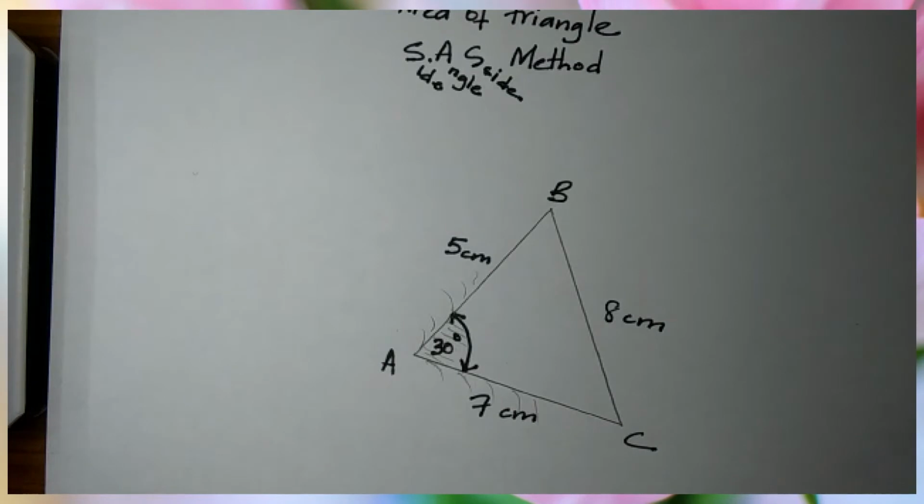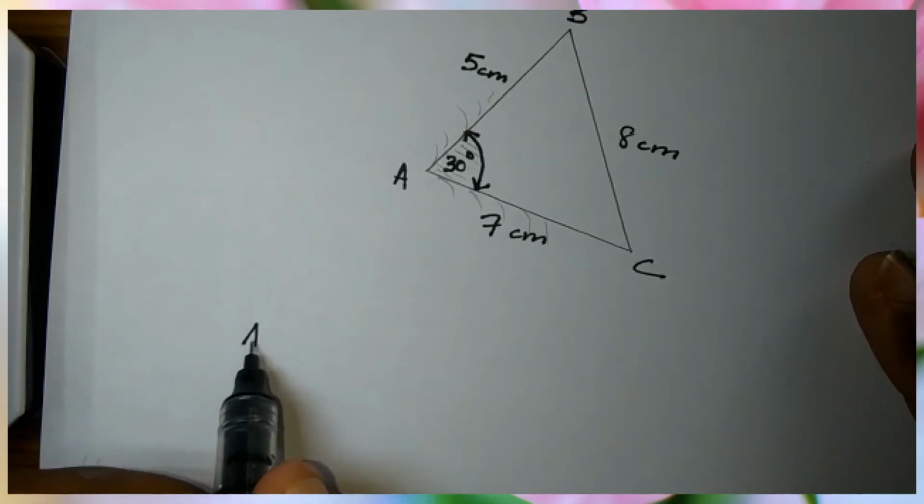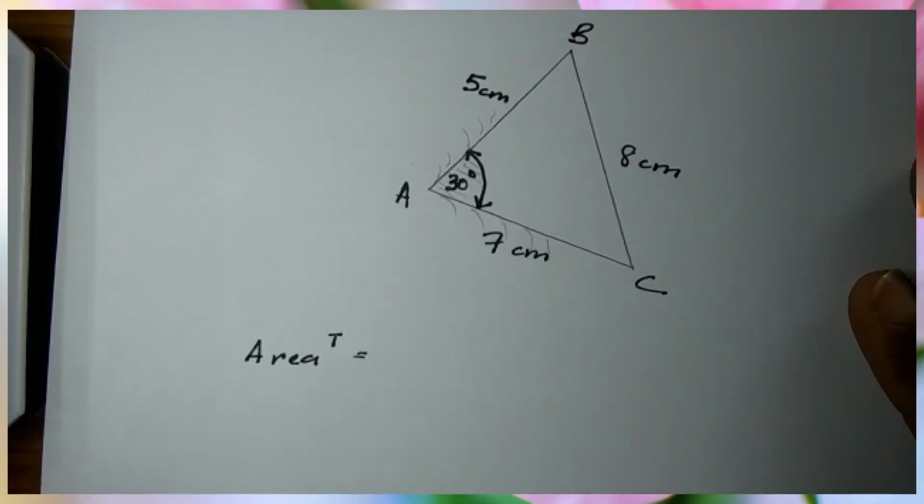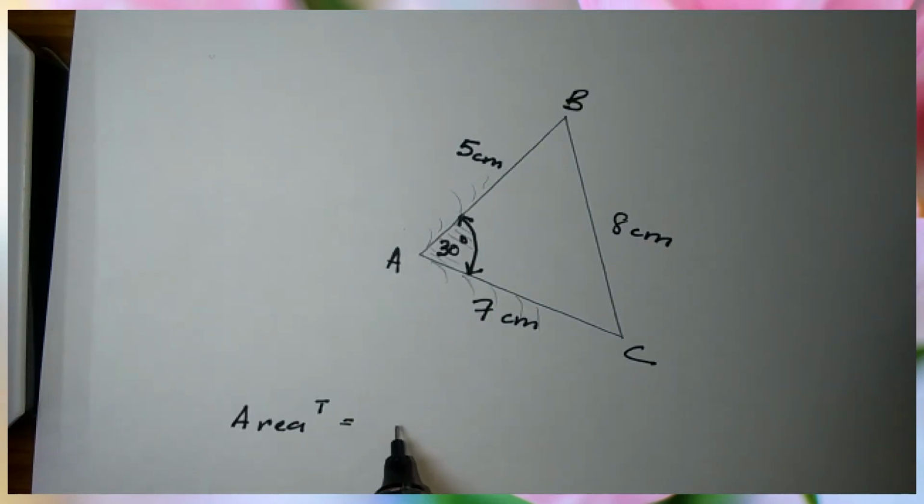So how do we go about calculating the area of such a triangle? Easy. The area of a triangle ABC is a times b times sine C, divided by 2.